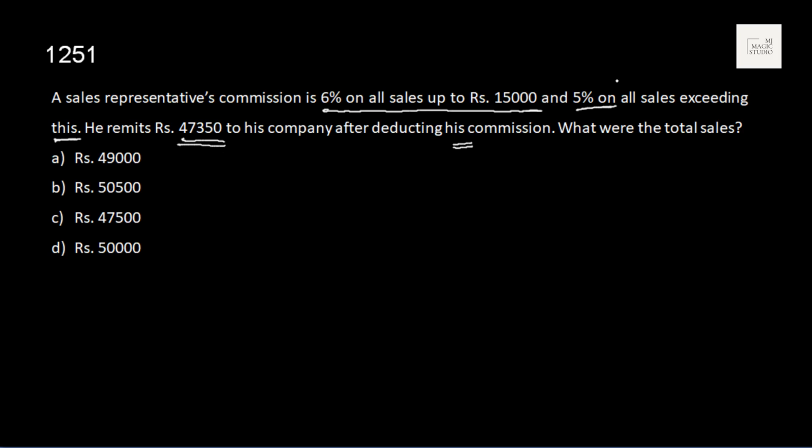So let the sales be 15,000 plus X. 15,000, 6% is 6 into 15 is 90, that is 900. So 900 commission on this part plus, and let the sales exceeding 15,000 is rupees X, then 5% of X. This is his commission. His commission plus whatever he have remitted is equals to the total sales.